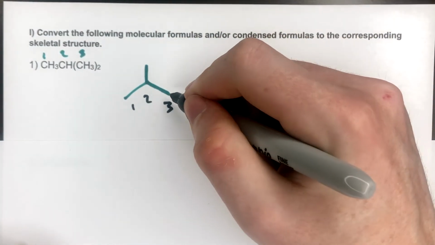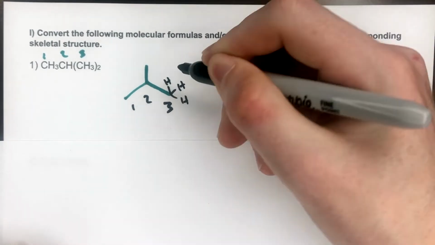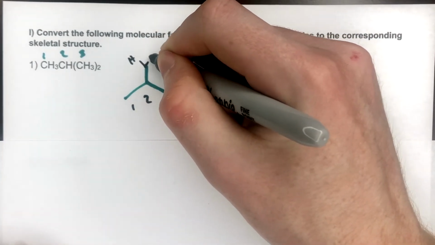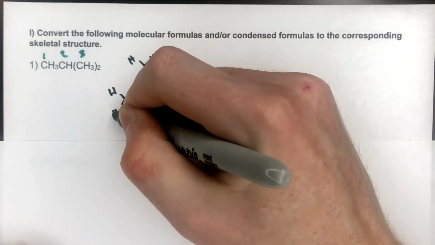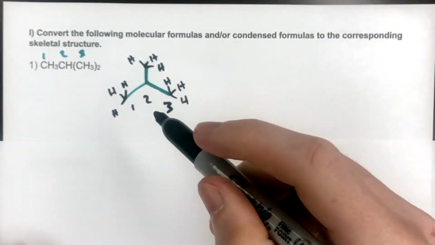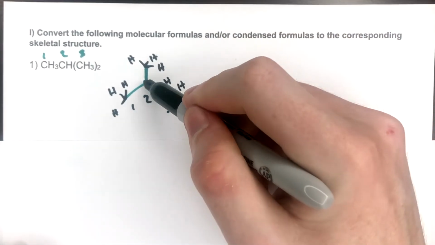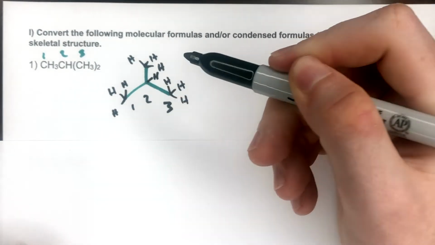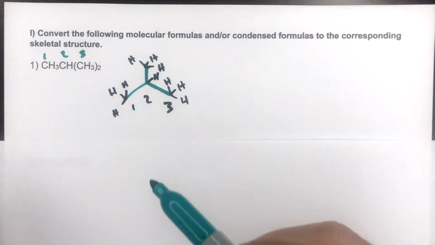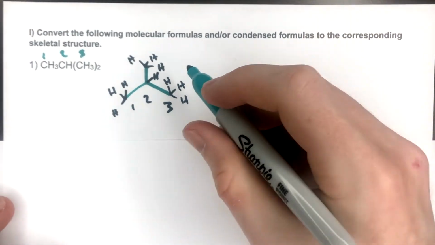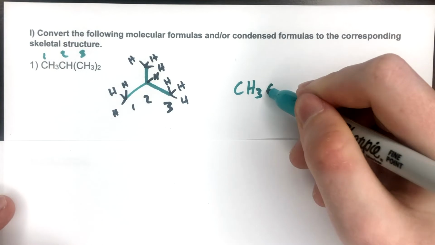So here there's 3 hydrogens. Here there's 3 hydrogens. Carbon 1, there's 3 hydrogens. And carbon 2, there's 3 bonds already in the form of carbon-carbon bonds, so there's only 1 hydrogen. So now if we were to, again, convert this back to the condensed formula, carbon 1 is a CH3, which is bound to carbon 2, which is a CH.